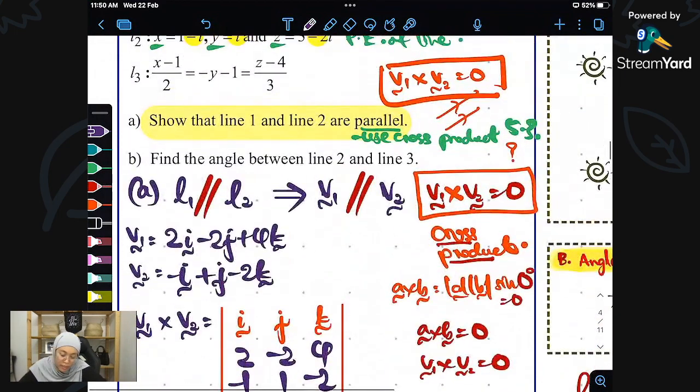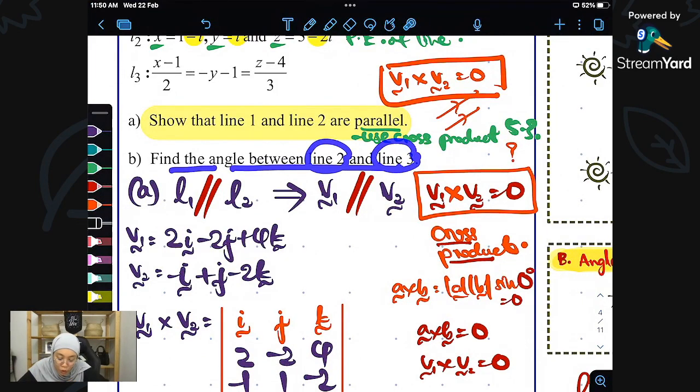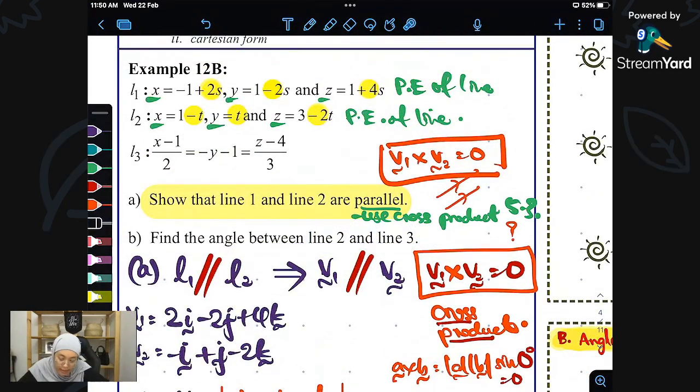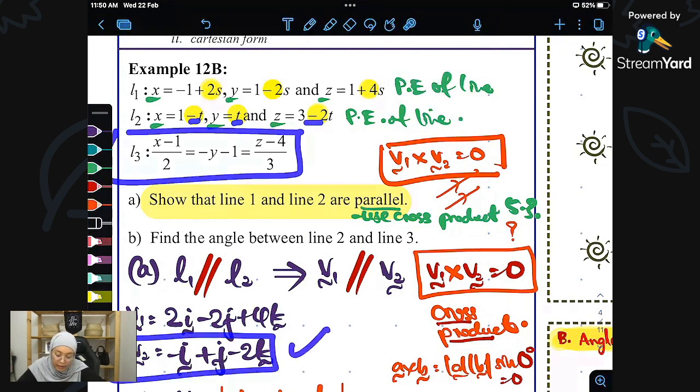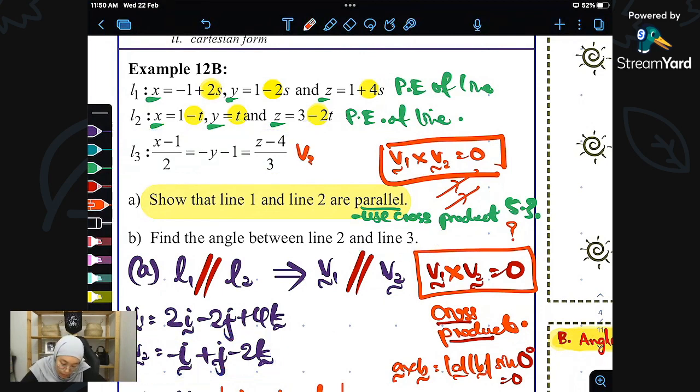Right, soalan yang kedua dia suruh cari find the angle between the two line 2 and line 3. So line 2 and line 3, line 2 kita dah tahu dia punya V. Okay, the V vector, the V2, line 2 kita dah ada, negative 1, 1 and negative 2 kita dah tahu. Cumanya line 3 ni kita tak tahu dia punya V vector. So V vector here, the V3 vector is what?